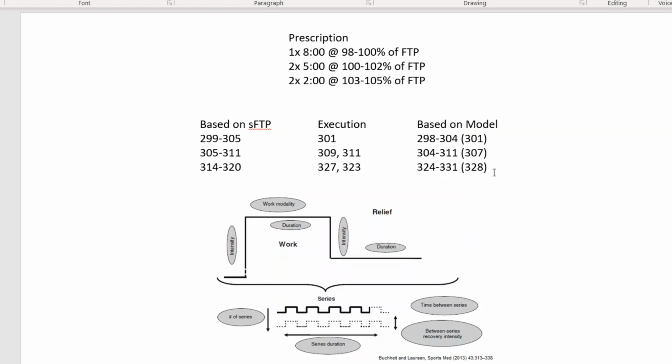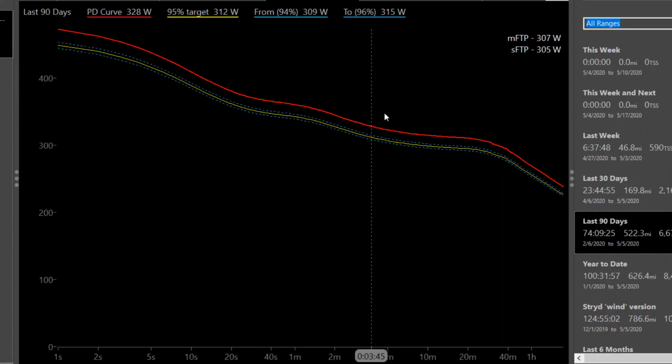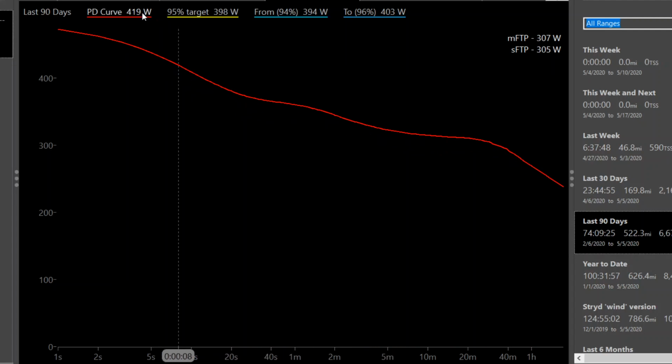This is more individualized for that particular person. So the model gives you the capacity to customize your interval targets a little bit better, by going to your model and looking at whatever that target is.